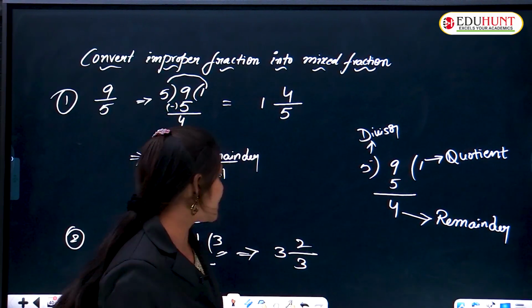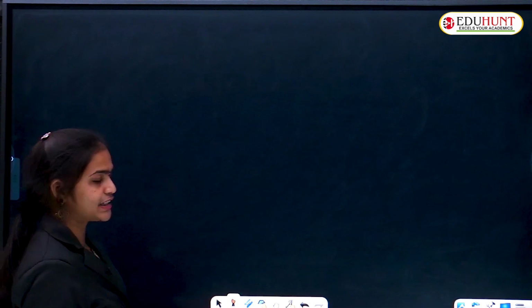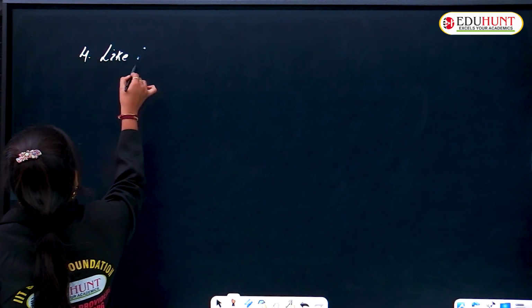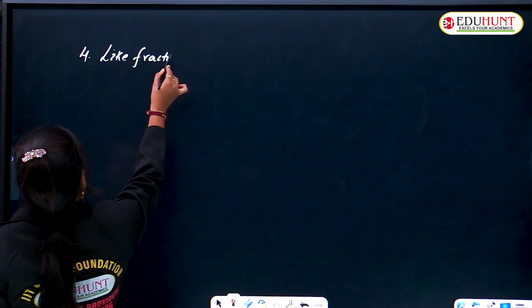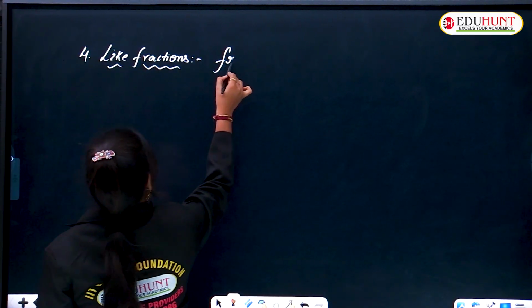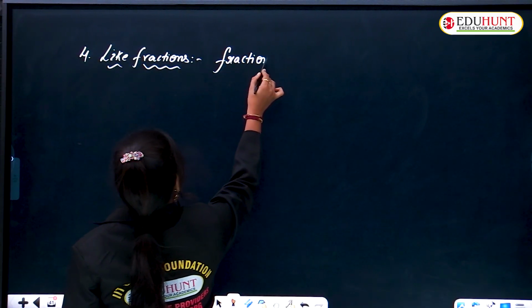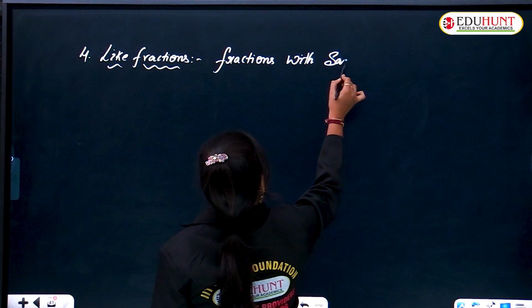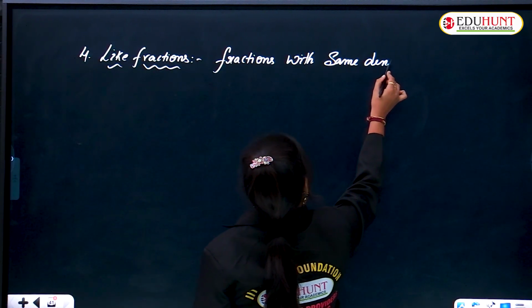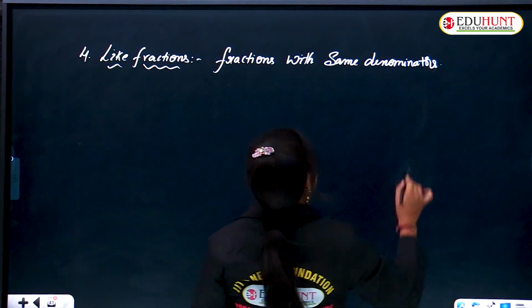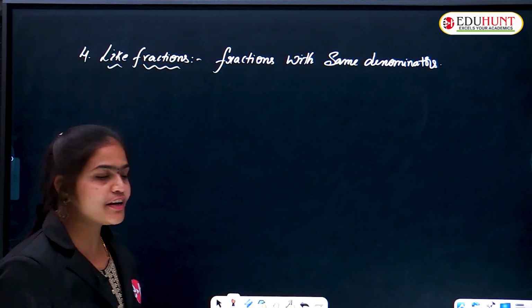After this we have like fractions. What is the next one? Like fractions, the fourth one. Fractions with the same denominators are called like fractions.